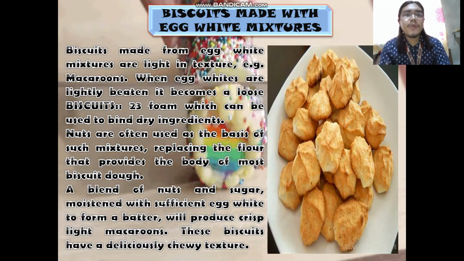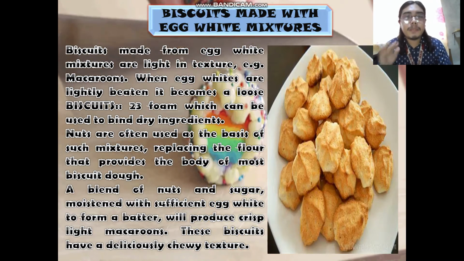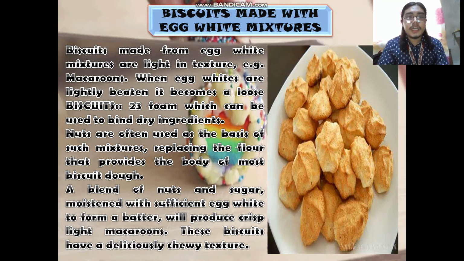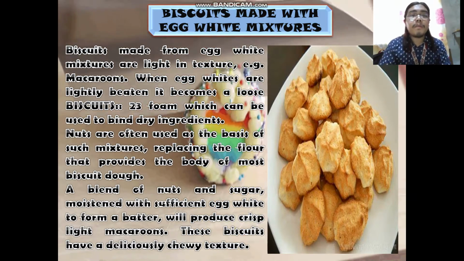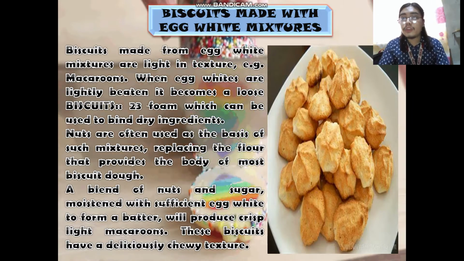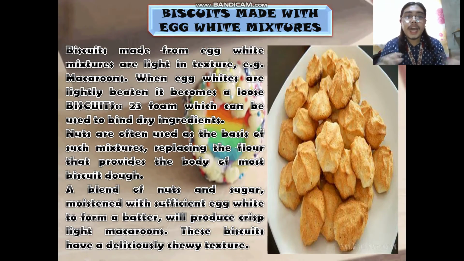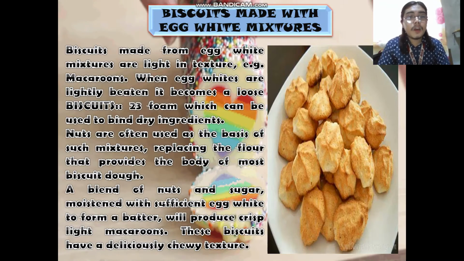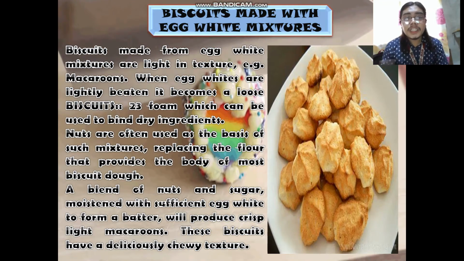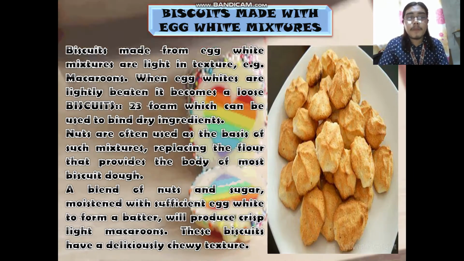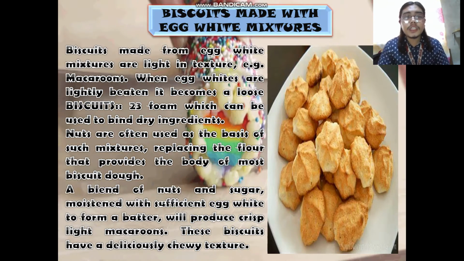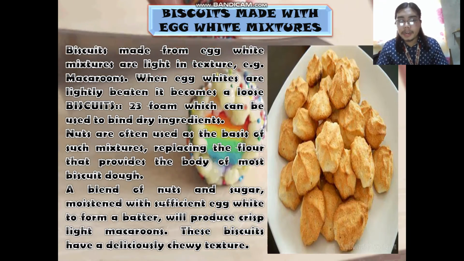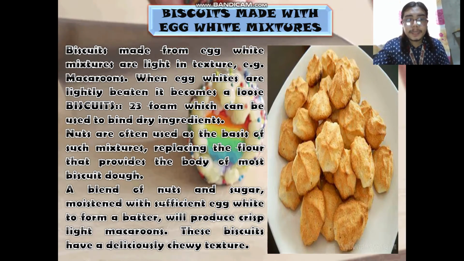When egg whites are lightly beaten, they become loose foams which can be used to bind in any dry ingredients. Nuts are often used as the basis of such mixtures, replacing the flour that provides the body of most biscuit dough. A blend of nuts and sugar moistened with sufficient egg white to form a batter will produce crisp, light macarons.